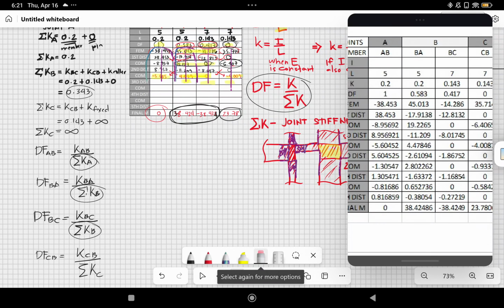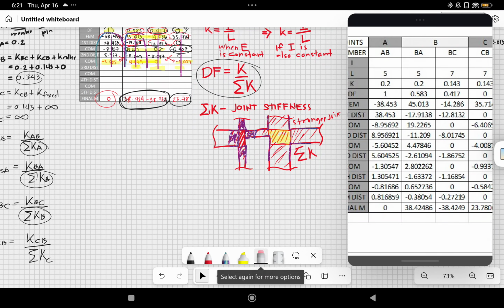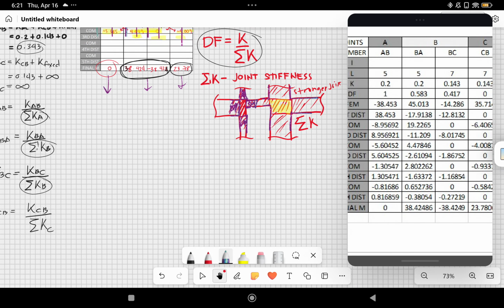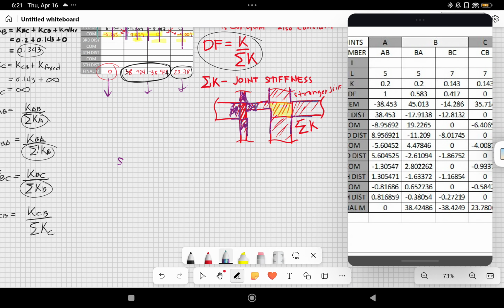Okay? So that is the steps in the moment distribution process. Ngayon, di pa tapos yan dahil we still have to find the reaction. So how do we do that? We just do a section analysis.